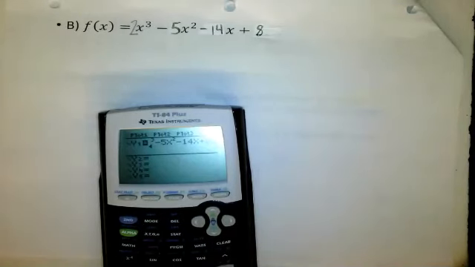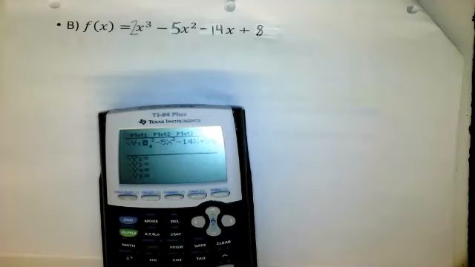When you graph your function, you're going to draw a real fast, simple sketch. You need to plug it in.